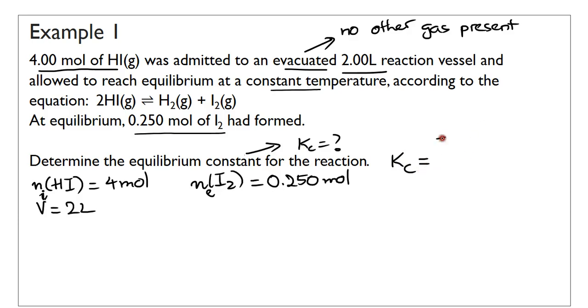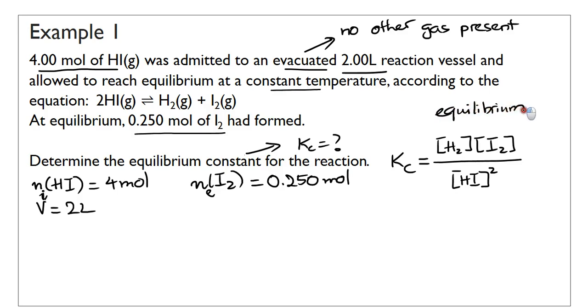You need the concentration of hydrogen in mole per liter multiplied by the concentration of iodine in mole per liter, over the concentration of hydrogen iodide squared. All of these are supposed to be equilibrium concentrations, so I need the concentrations at equilibrium of all 3 species. At the moment, all I have is the number of mole of iodine at equilibrium.